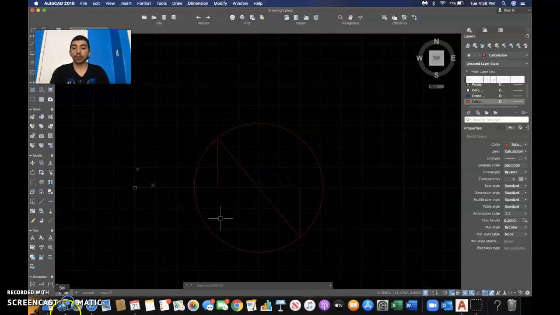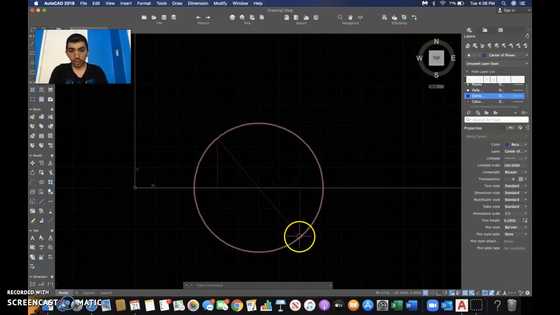Okay, so now I'm going to draw the center of planes. So this point right here is 100, negative 30, and it's negative 30 because the shear acting on the horizontal plane is clockwise shear, so it's a negative.